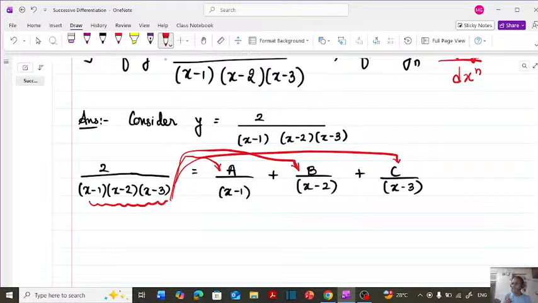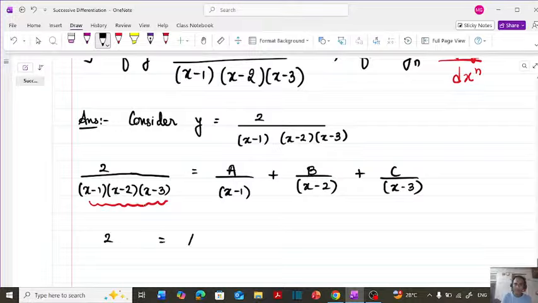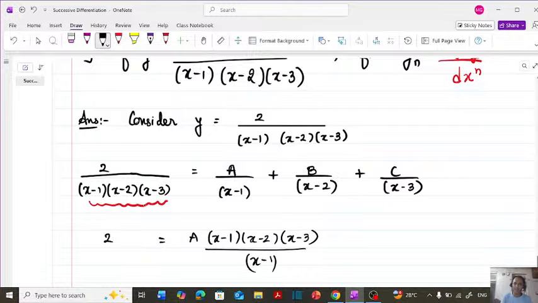So when you multiply them at every numerator, what you are going to get is 2 equals a times (x minus 1)(x minus 2)(x minus 3) divided by (x minus 1). If you remember this technique, the output is (x minus 2)(x minus 3).